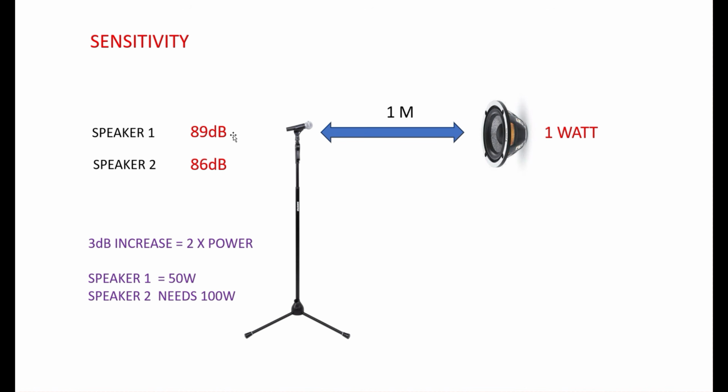So if I was feeding 50 watts into speaker 1, speaker 2 would need double the power, or 100 watts, to make the same level of output. And that's quite significant. Whenever you see a 3 dB rise, that's a doubling in power.